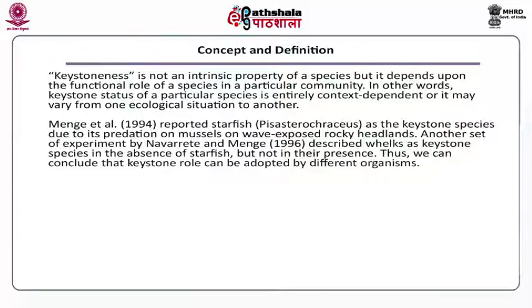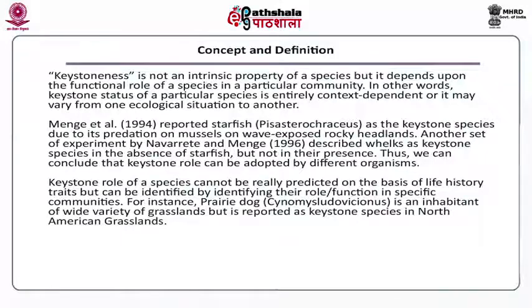Another set of experiments by Navarrete and Menge in 1996 described that whelks, which are a kind of snails, are keystone species in the absence of starfish, but not in their presence. Thus, we can conclude that the keystone role can be adopted by different organisms.